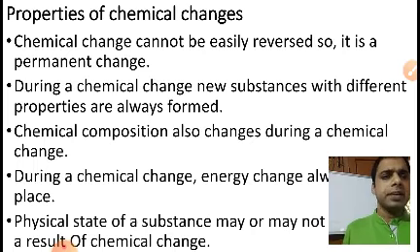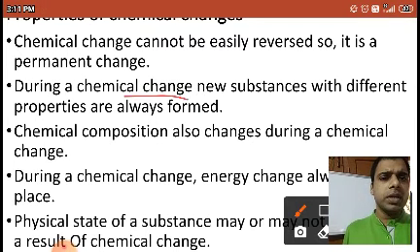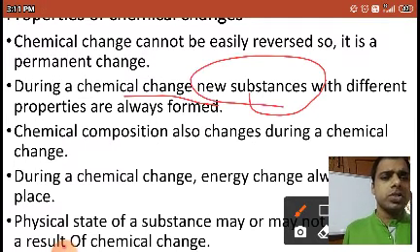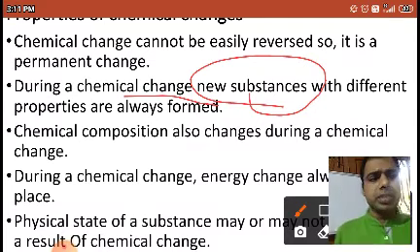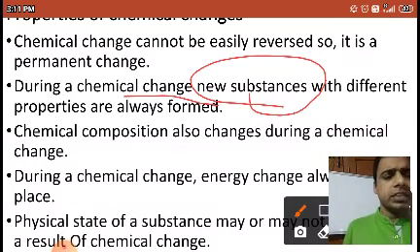During a chemical change, a new substance forms, and everywhere you will see that. Taking the previous example, carbon burns in the presence of oxygen, producing carbon dioxide. Carbon is a solid and carbon dioxide is a gas.